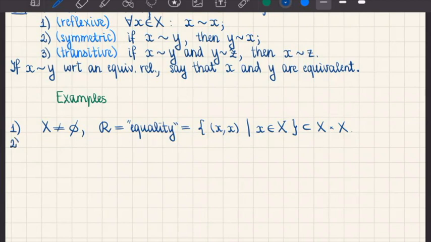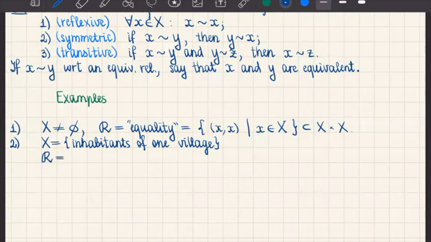Now, let's consider the set X of people who live in the same village or town. Then I can say that the relation that I take is (x, y) when x and y are of the same age.